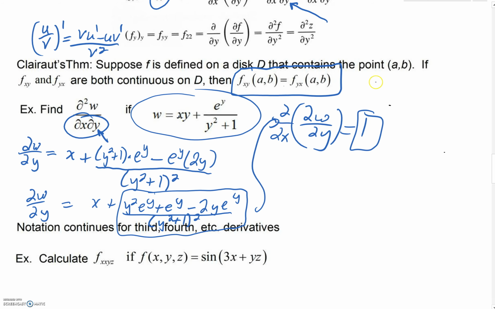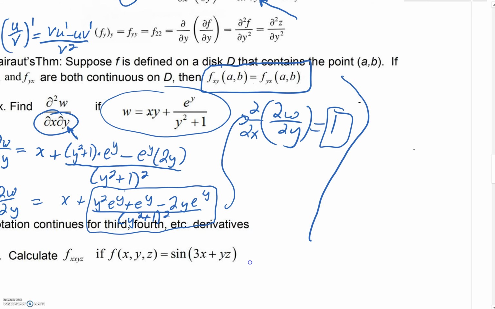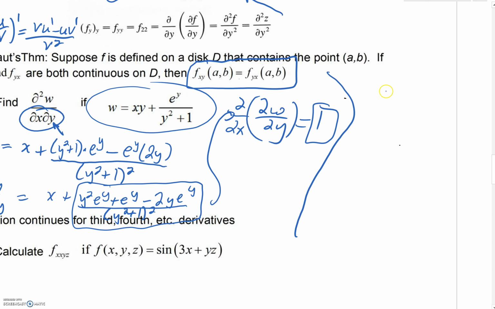Well, what if, though? What if we would have used Clairaut's theorem? What if we would have said, you know what? I know it says first take the derivative with respect to y and then go with respect to x. What if instead we would have gone, and here's method 2, another way to work this out. What if we would have taken the derivative of this thing with respect to x?